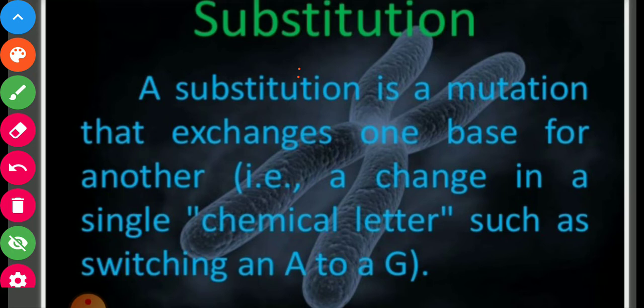Example is a change in a single chemical letter, such as switching an A to G, means adenine to guanine. These are the letters which are indicating the genetic code. So adenine is replaced by guanine here.